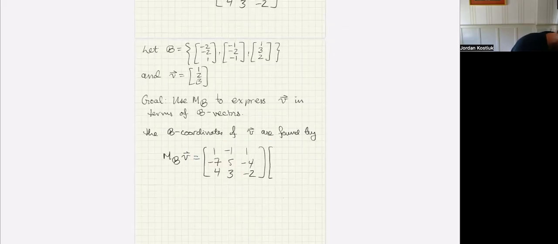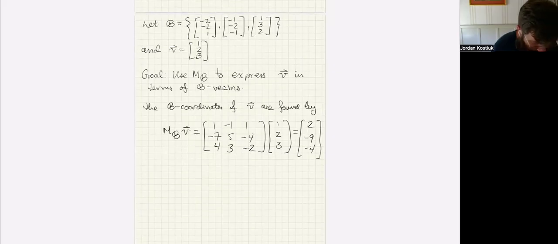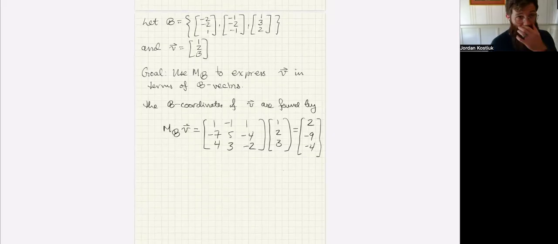We're going to multiply by the vector 1, 2, 3. And using technology to verify your answer, we get 2, minus 9, minus 4. So these are the coordinates.